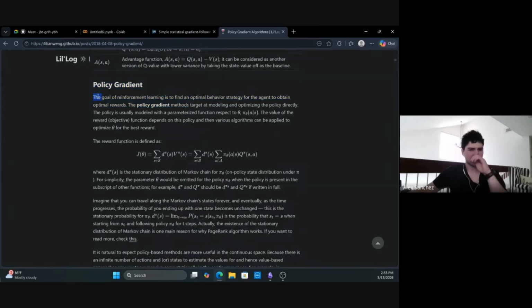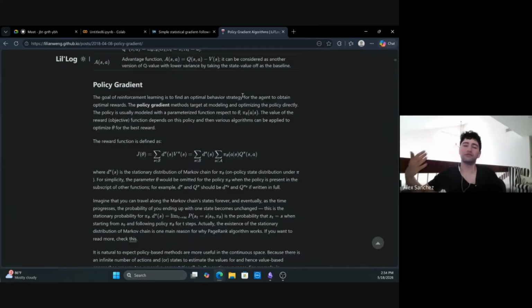So just to read over this, the goal of reinforcement learning is to find an optimal behavior strategy for an agent to obtain optimal rewards. We talked about this. But policy gradient is a method that optimizes the policy directly. Now, I didn't go into differentiating what other options there are. I just talked about policy optimization.